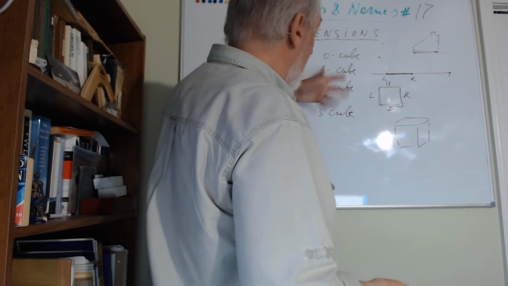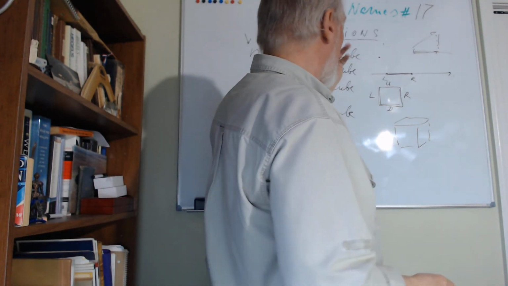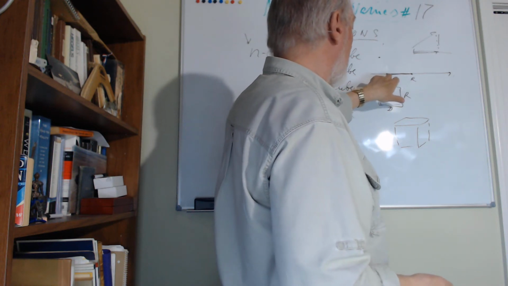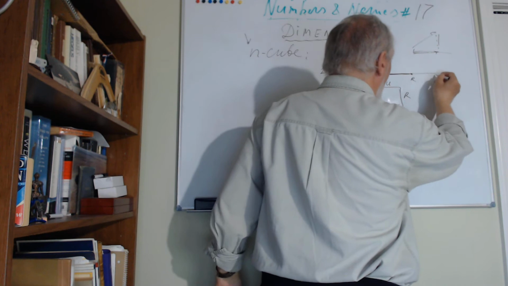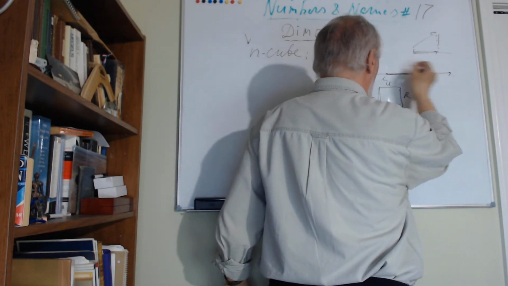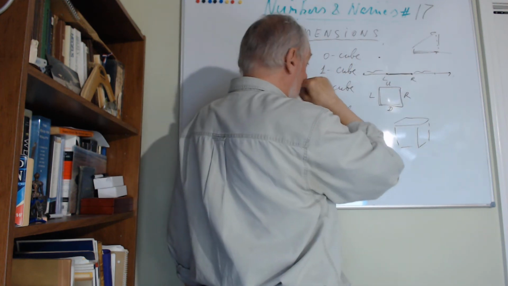And look also here, 0 dimensions, no neighbors. Here, 1 dimension. There are two neighbor cubes, on the right and on the left. Here, how many cubes connect to this cube? The neighbors.